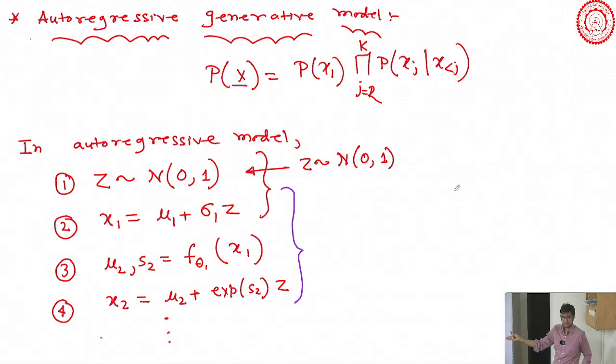I'll repeat once more. We need the invertibility condition only during training. And this expression, what I'm seeing on the screen, is invertible as long as I know mu and s. Mu and s are functions of x and theta. It's a nonlinear function, but of x and theta. x is known to us during training.